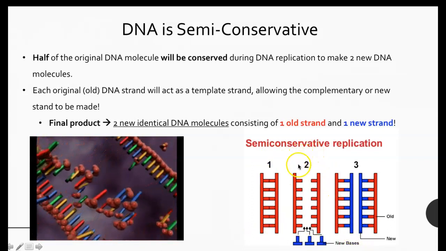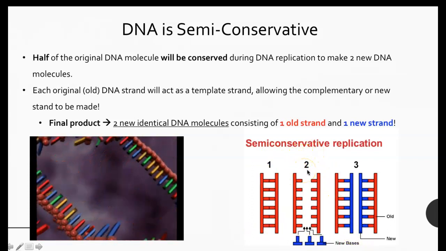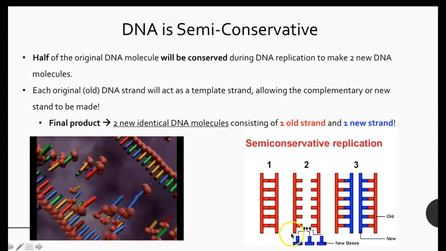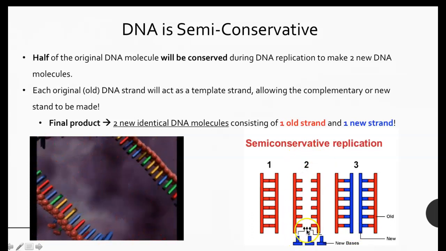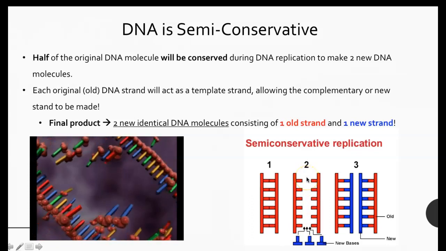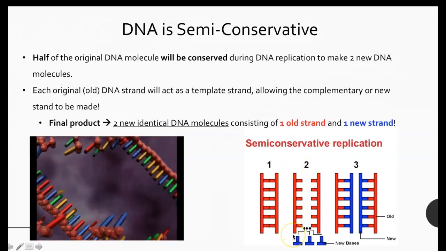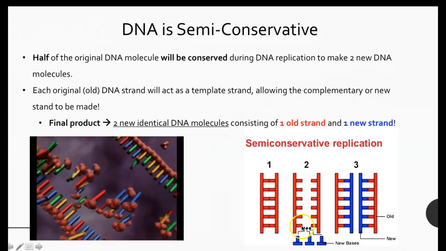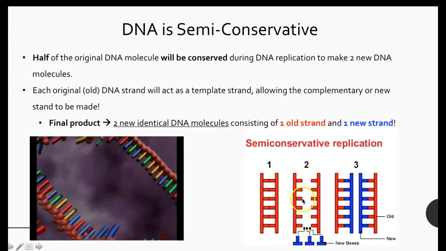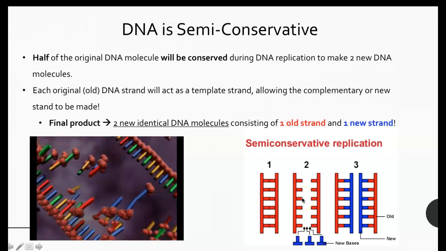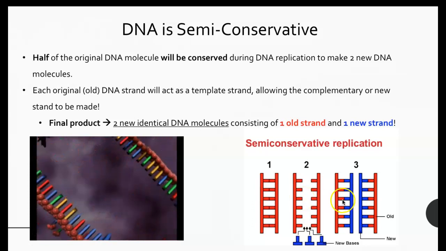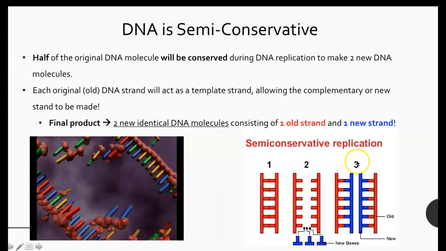In stage two, we have two DNA strands that were split down the middle by an enzyme called helicase. Now that we have two DNA strands, we can add the complementary nucleotides to these strands to form two DNA molecules, and that's step three.